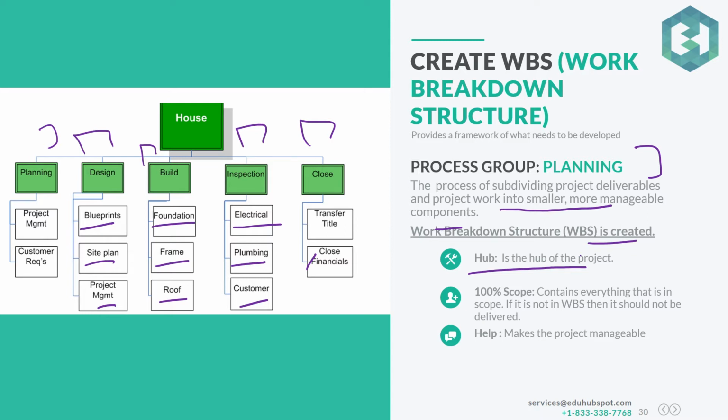So remember WBS as the hub, the 100% scope, containing everything that is in scope. If it is not in the WBS, then it should not be delivered. So you need to make sure that whatever deliverables you have, you are properly documenting them in the form of the WBS. It helps make the project more manageable, so definitely it's a help for you as a project manager.